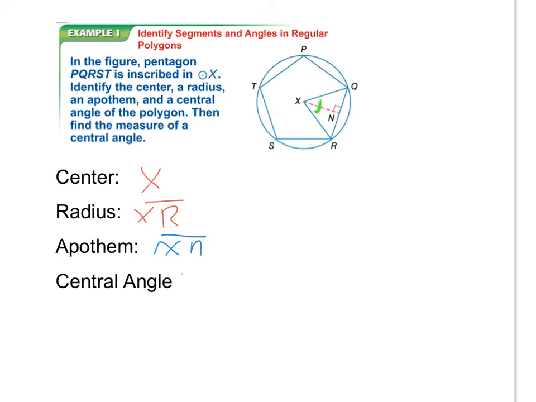So my central angle in this case is angle QXR. And because it's a pentagon, there are 5 central angles. And the measure of any of those angles, we just did this, is going to be 360 divided by n, and in this case n is 5 because it's a pentagon. So each of those angles is 360 divided by 5, which is 72.